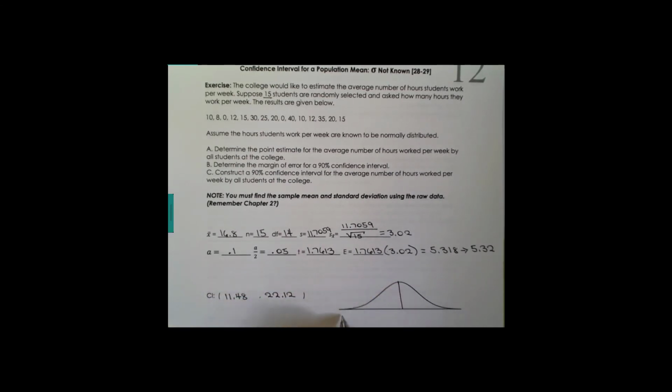What does that look like on the curve? Well, this is t and this is the sample mean, the sample mean that I calculated, 16.8, and then I built around this a confidence interval that had alpha divided by 2, and alpha divided by 2 was 0.05. So I split the alpha and put half in each tail.